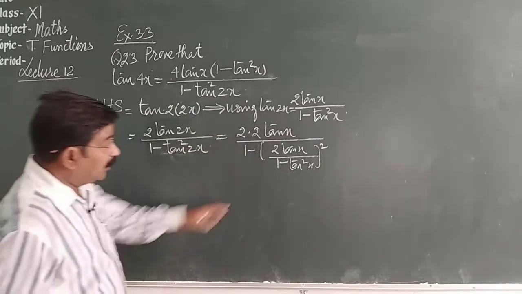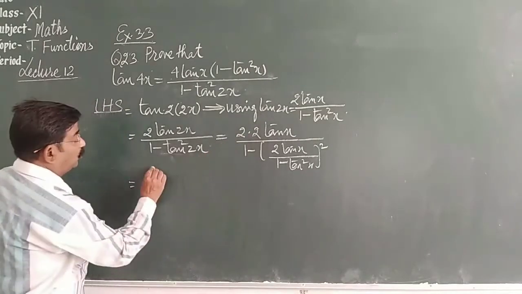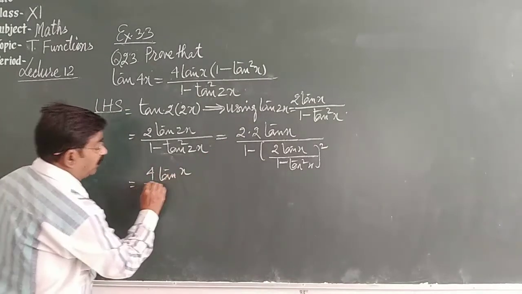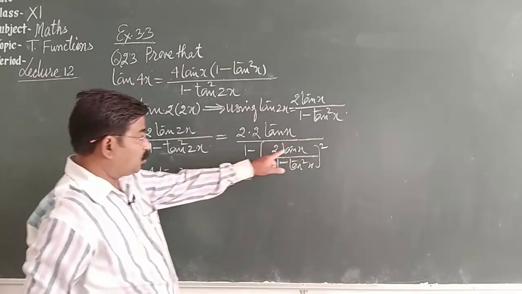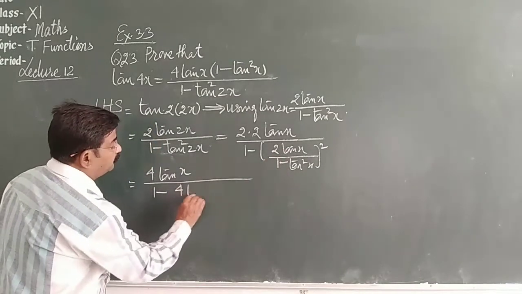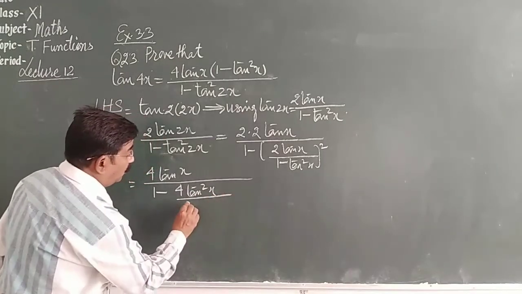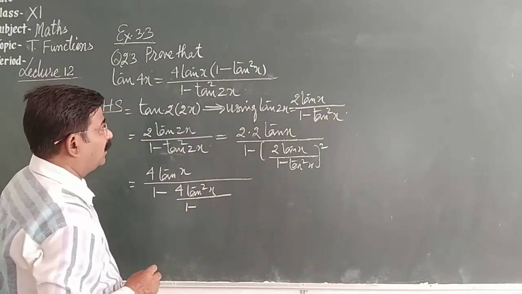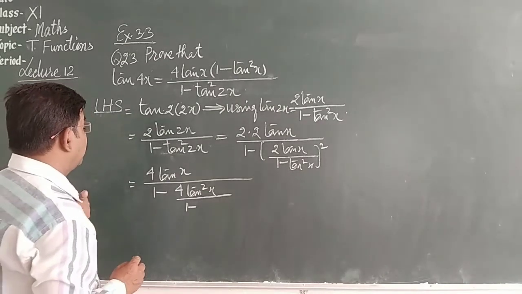Got it? Now separate this. See, I am writing 2 to the 4, 4 tan x in the numerator, in the denominator 1 minus this square, 2 squared, 4 tan square x upon 1 minus tan square x whole square. Got it?